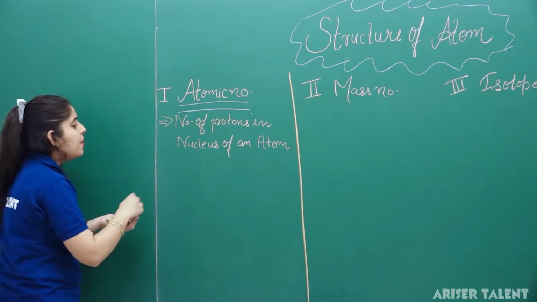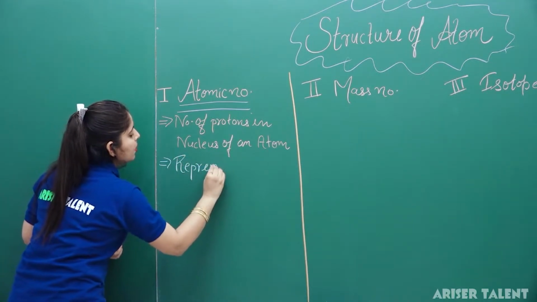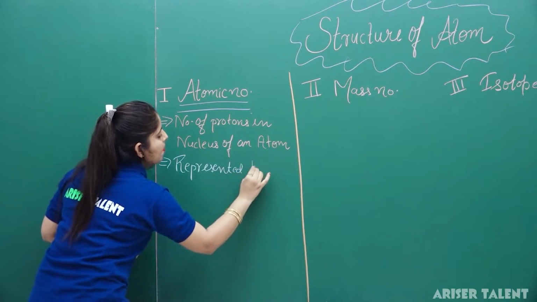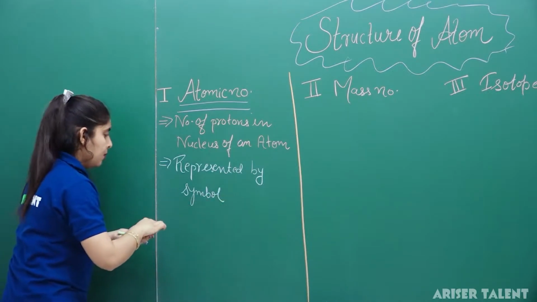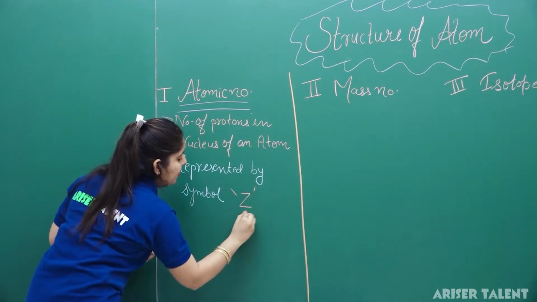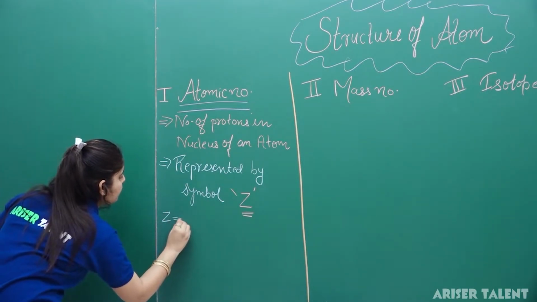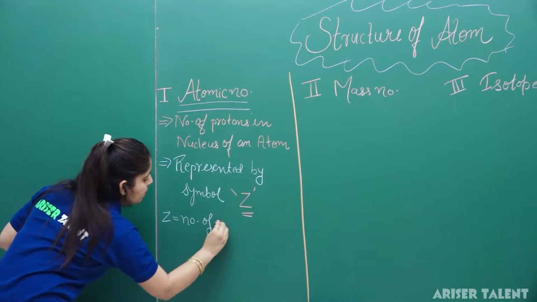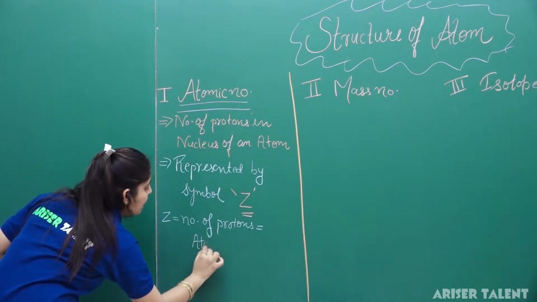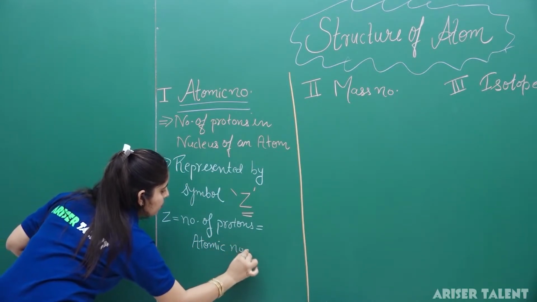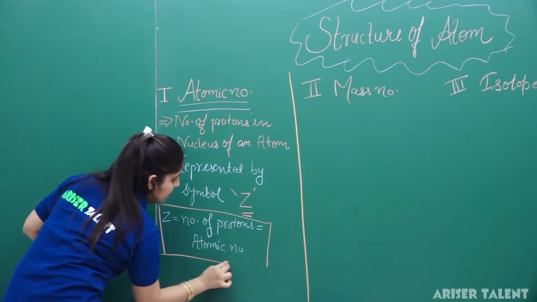The atomic number is represented by the symbol Z. So Z tells us about our atomic number, and Z is equal to the number of protons, or we may say the atomic number of that element.